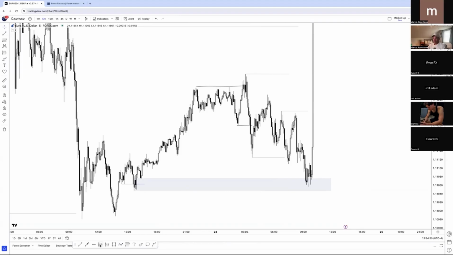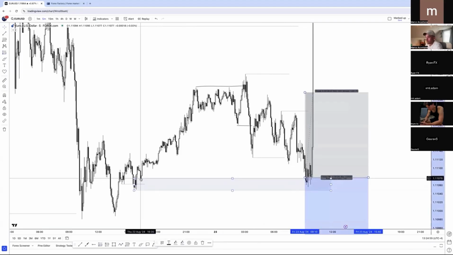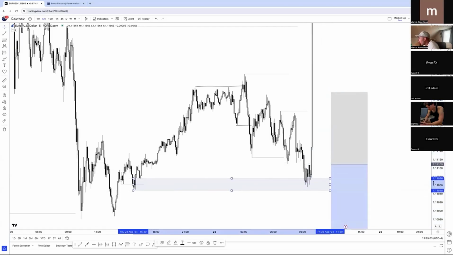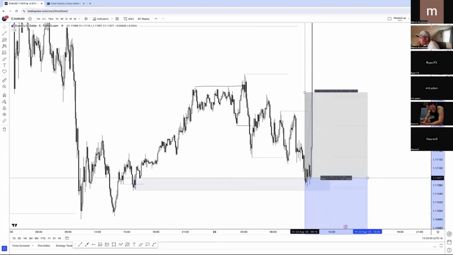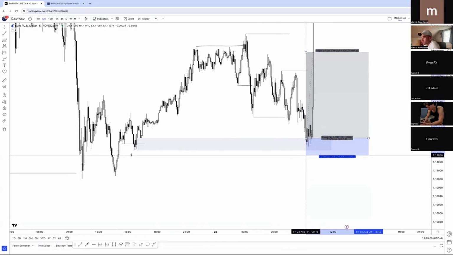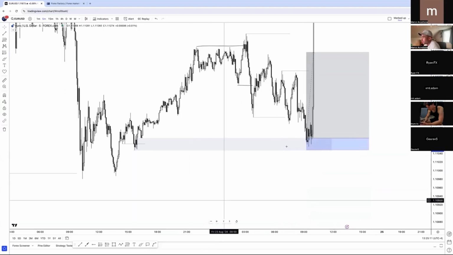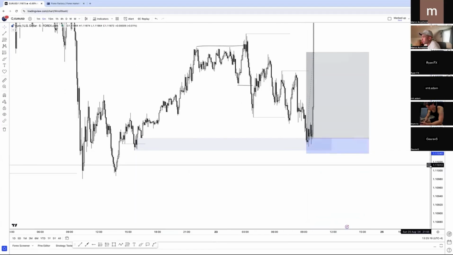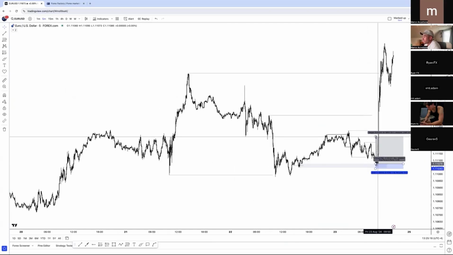Entry would have been as soon as the inducement low is taken here. So it would have been at, let's see with the blue box, 11076. Anywhere below 11076 was the entry. Stop below. Open it up a bit. Boom.